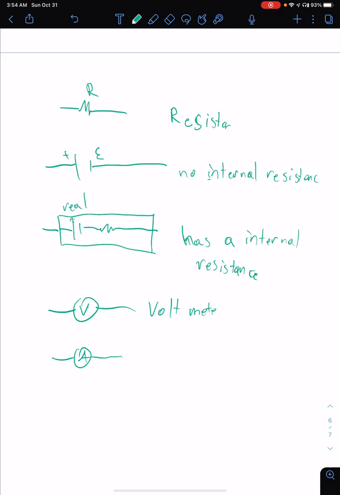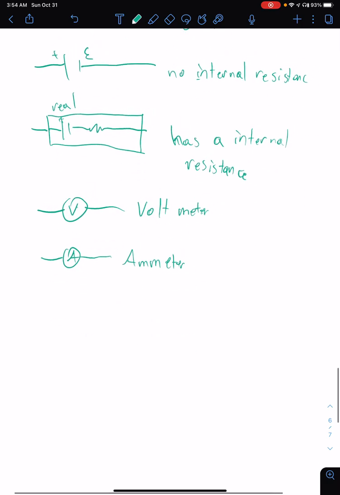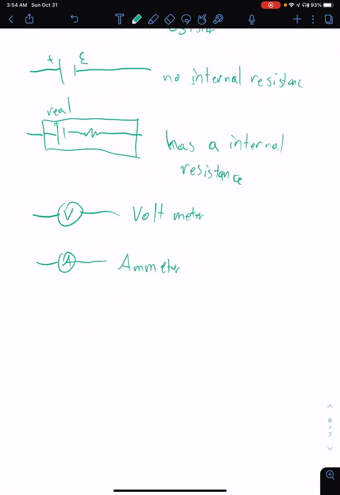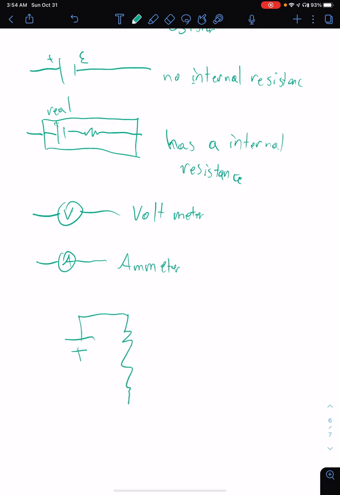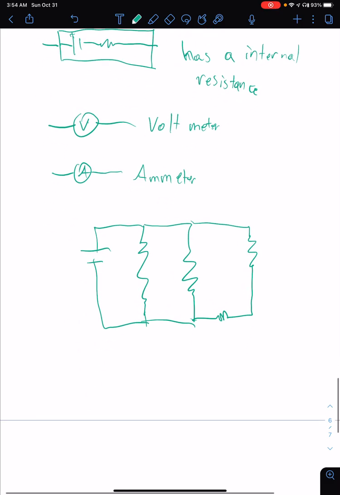Voltmeter, ammeter. And a lot of times on these exams, they would just give you a massive circuit, let's say we had a circuit like this, and then they'll just draw this.